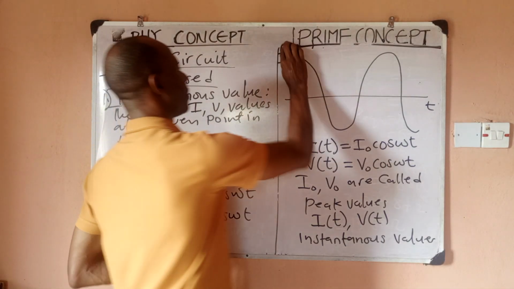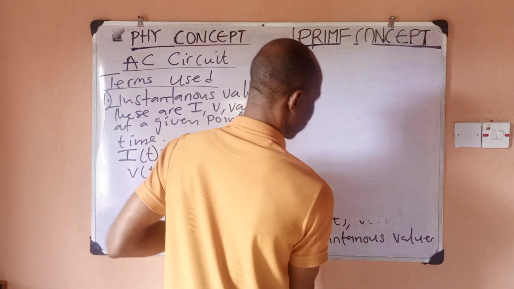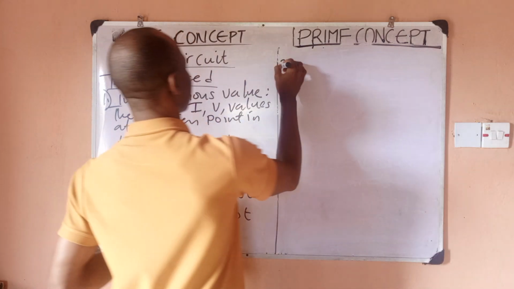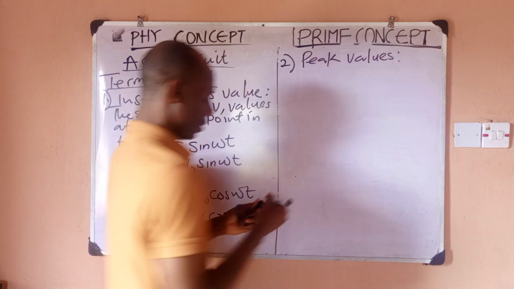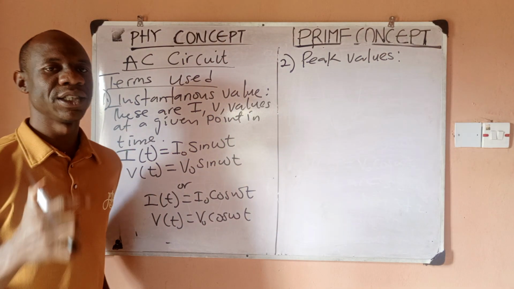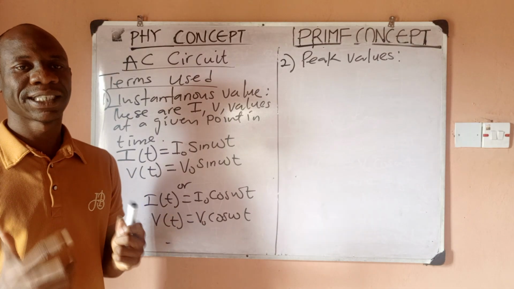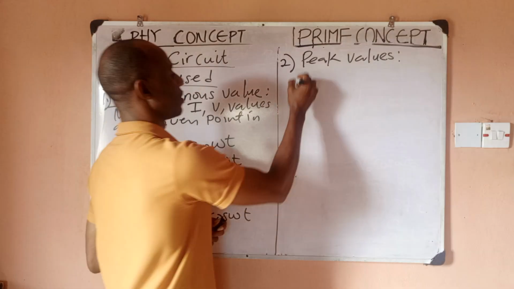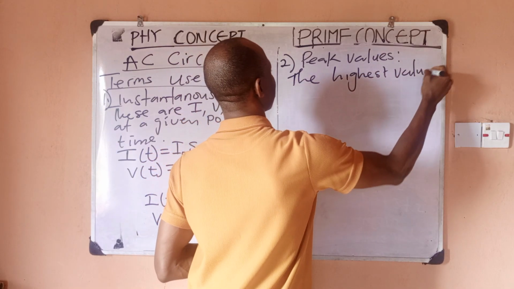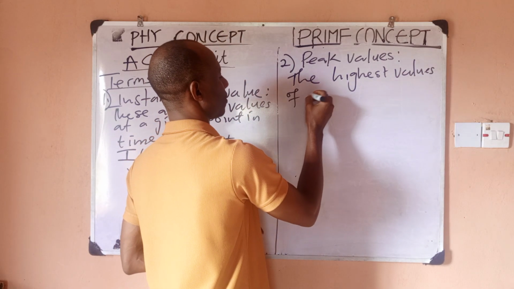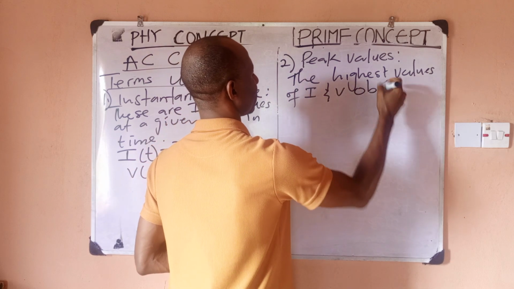Yes. Then secondly, another term which we have already introduced, but we want to officially mention, is what we know as peak values. Peak values of current and voltage are the highest values of current and voltage obtained in a cycle of an alternating signal.